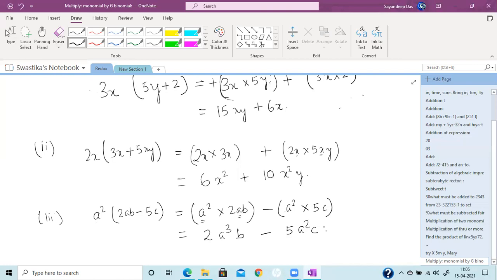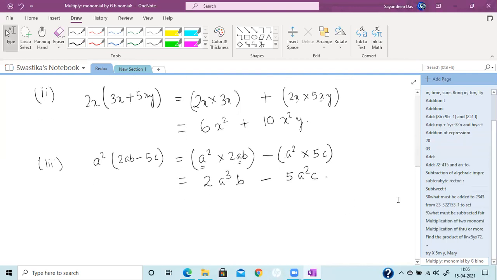Now, if we see one more problem, then this multiplication of the signs will be clear to you. That is, let us solve one more problem like this.